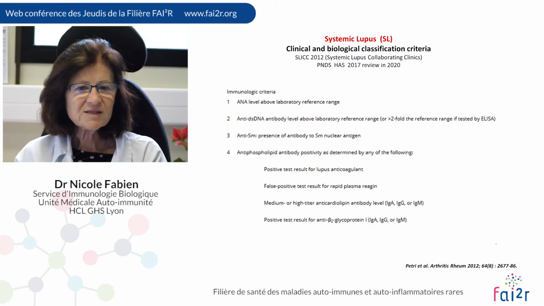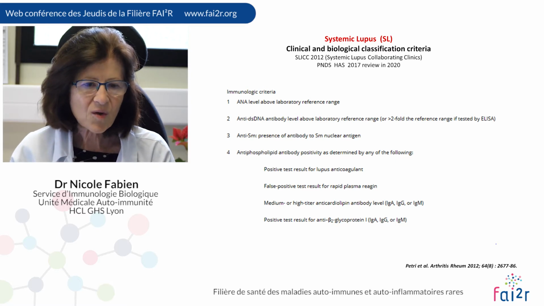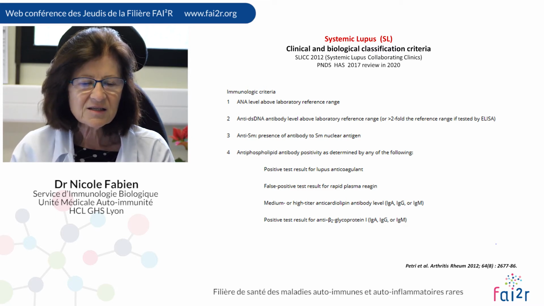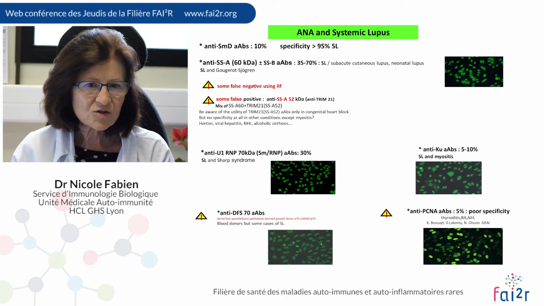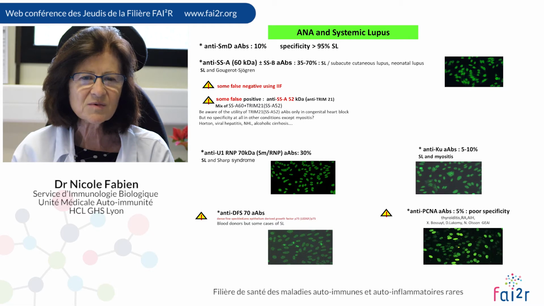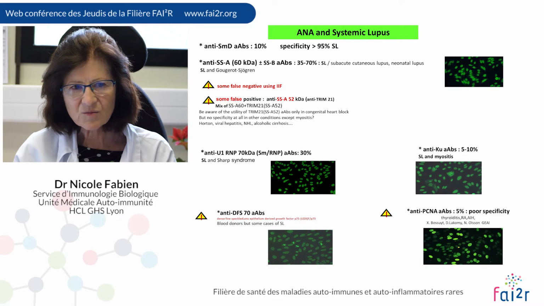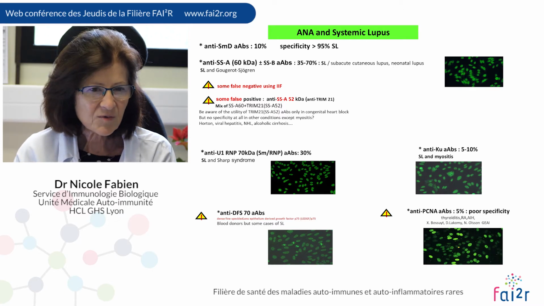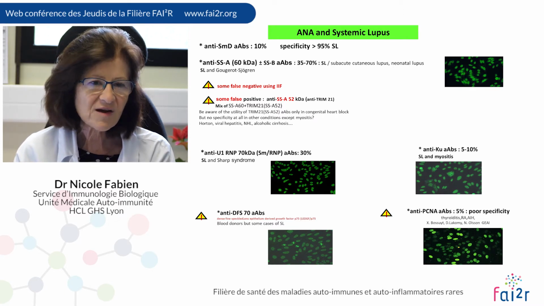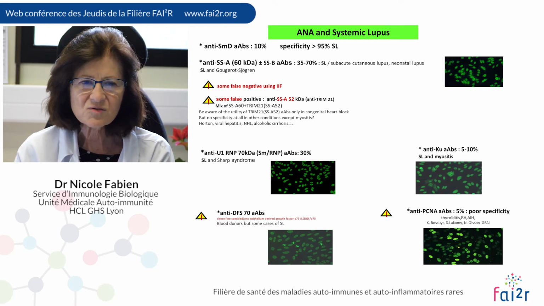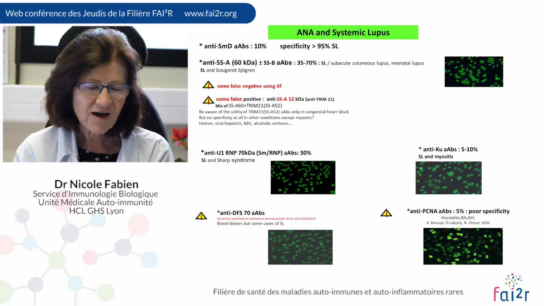First of all, for the systemic lupus, you know that ANA belong to the immunological criteria for this disease, and it is very important. There are many autoantibodies described in systemic lupus, but I will focus on the interesting antibodies, such as anti-Sm antibodies, for which the prevalence is not so high, only 10%, but the specificity is really high, about 95%.